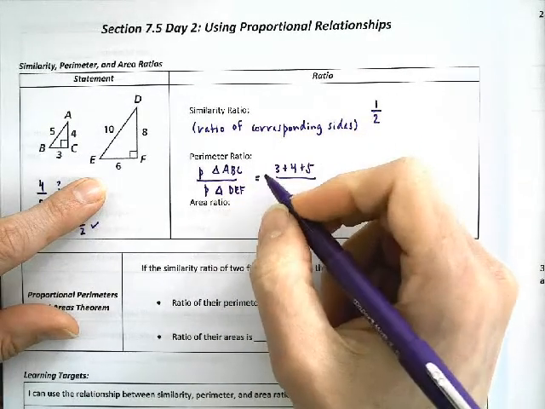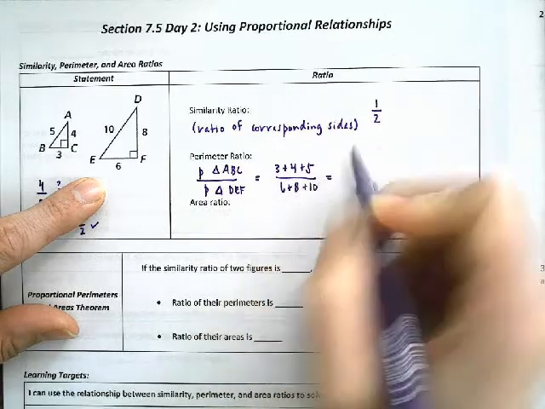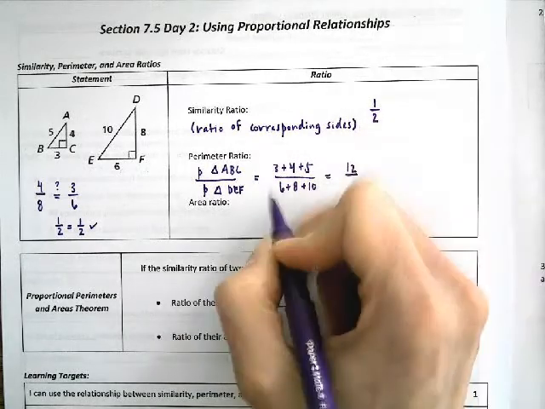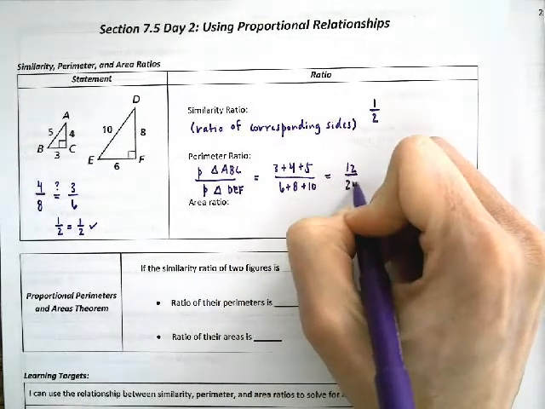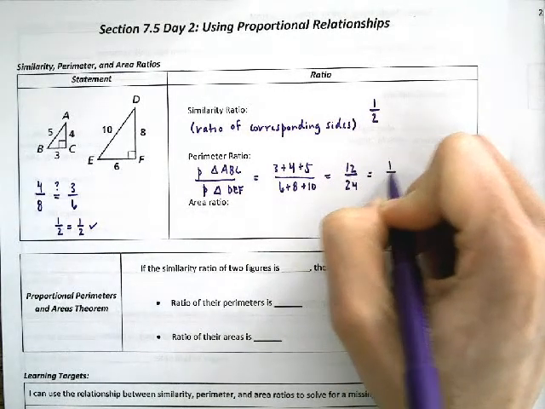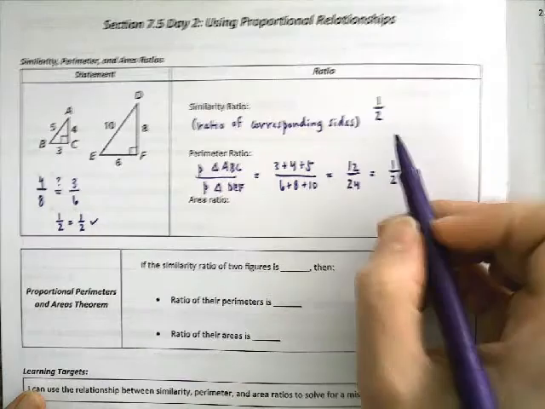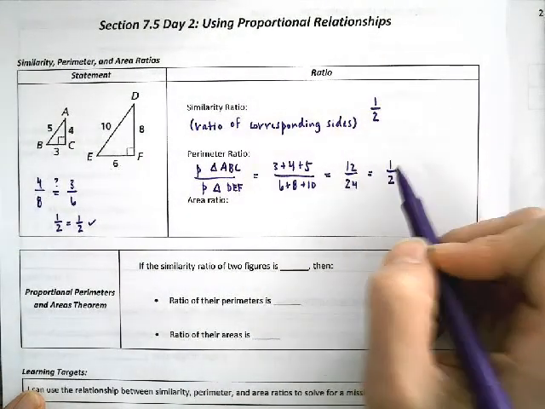And then for DEF, we're going to do the same thing. I have 6 plus 8 plus 10. If I add these, I get 7 plus 5 is 12. Here I have 14 plus 10 is 24. And if I reduce that, I get 1/2. So what I recognize right away is that the similarity ratio and the ratio of the perimeters are actually the same number.